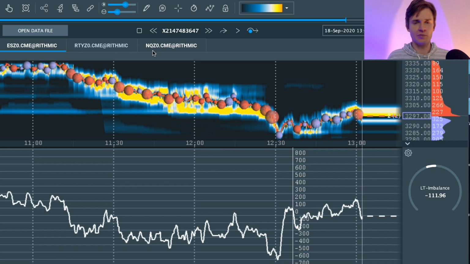The NQ, I have the most difficult time reading it on. The Russell, the Liquidity Tracker Pro actually comes more into play because there's not a lot of stops and iceberg orders. So on the Russell, I actually use the LTM balance more than I use stop and icebergs just because there's not very many. On the ES, by far, it's stops and icebergs that I use. The liquidity tracker is not nearly as clear.